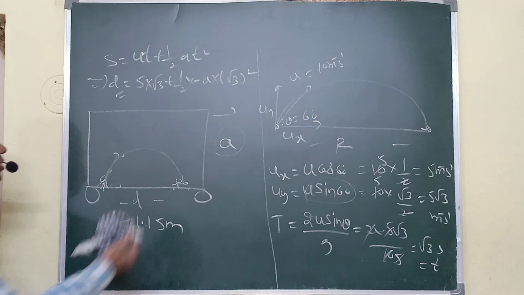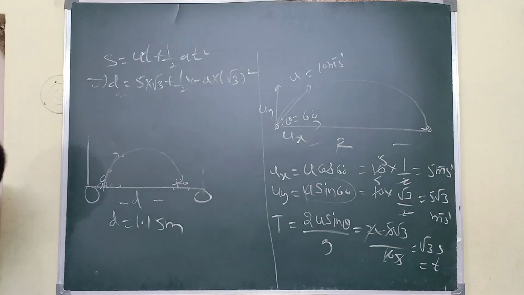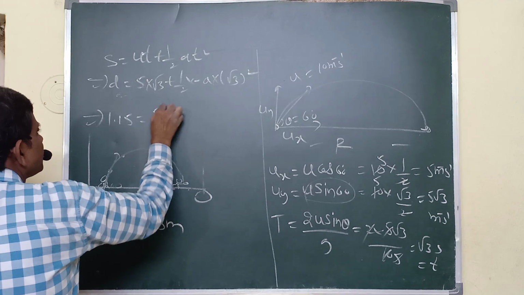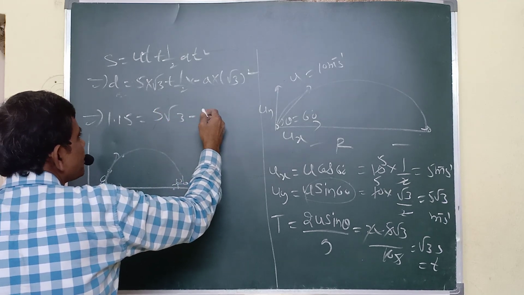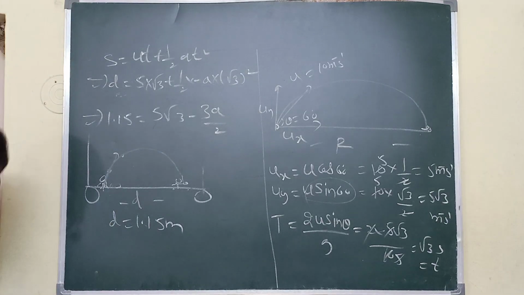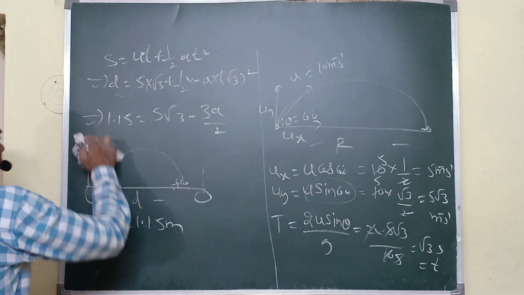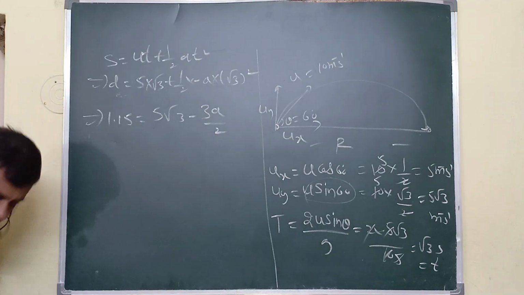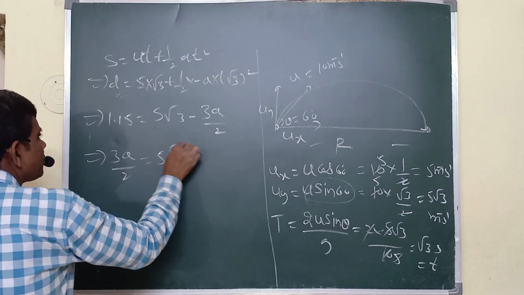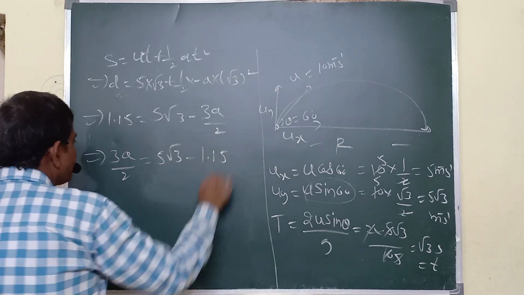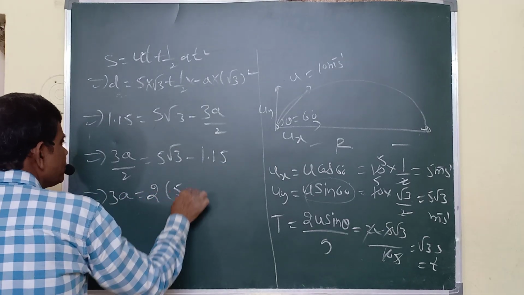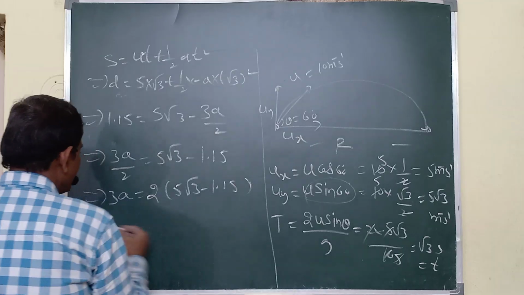So this implies 1.15 equals 5 root 3 minus 3a by 2. This implies 3a by 2 equals 5 root 3 minus 1.15, so 3a equals 2 into (5 root 3 minus 1.15).